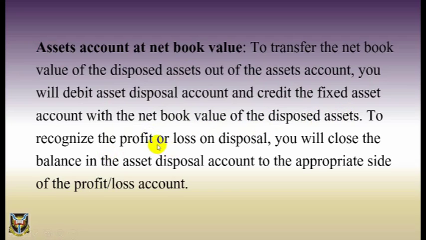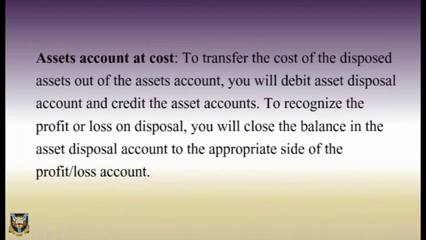To record the proceeds of disposal, you will debit bank/cash account and credit asset disposal account with the proceeds on disposal. To recognize the profit or loss on disposal, you will close the balance in the asset disposal account to the appropriate side of the profit/loss account.